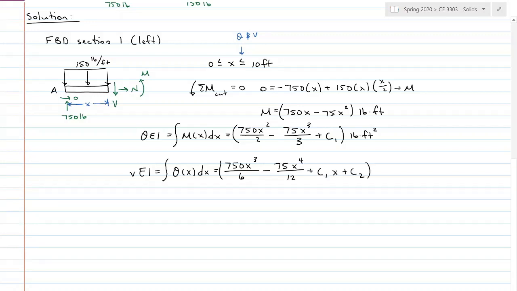And this will be in terms of pound feet cubed. Again, we're integrating in terms of x, so that's going to increase the x distance value. All right. These aren't my answers because I need to solve the constants of integration.